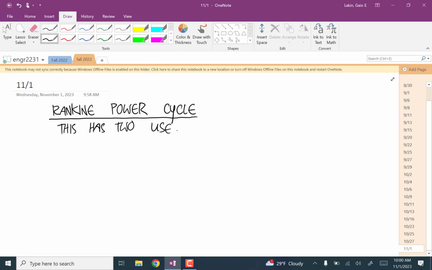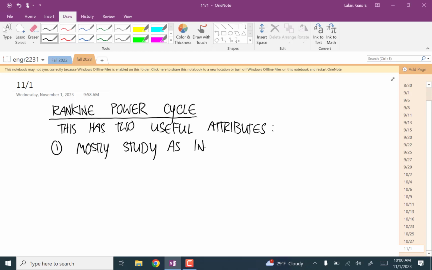So let's say it has two useful attributes. One, you can do it as an internally reversible cycle. So mostly we'll study it in sort of an internally reversible version.